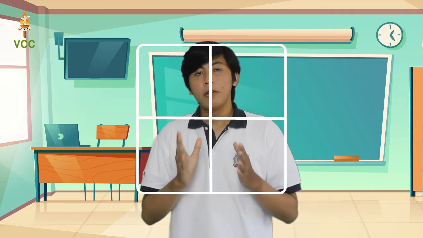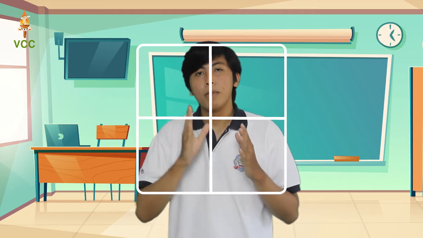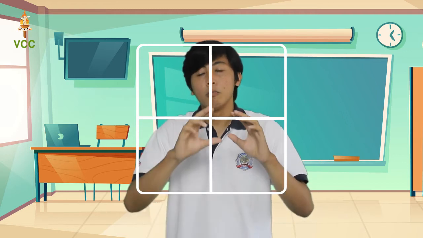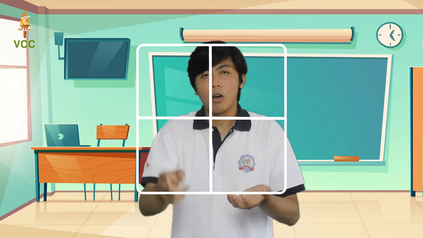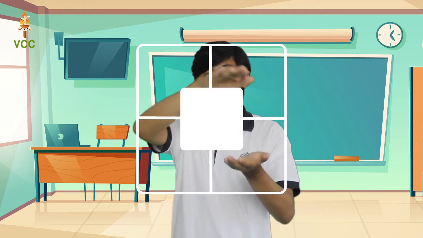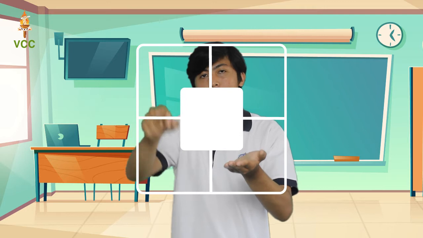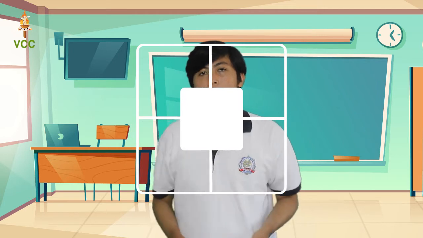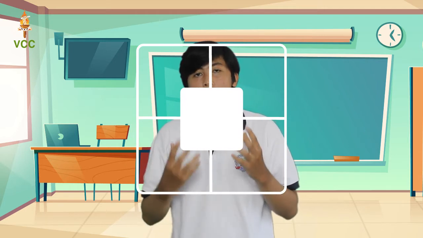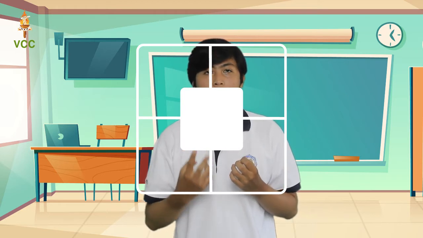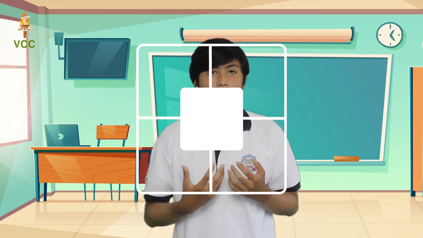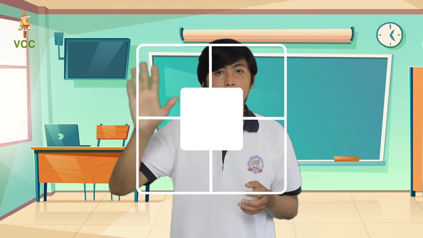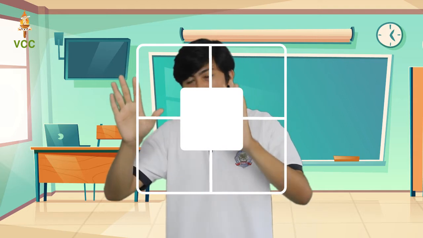After that, you have to put the smallest square in the middle of it. Then we see that there are 2 generic structures in descriptive text: identification and description.